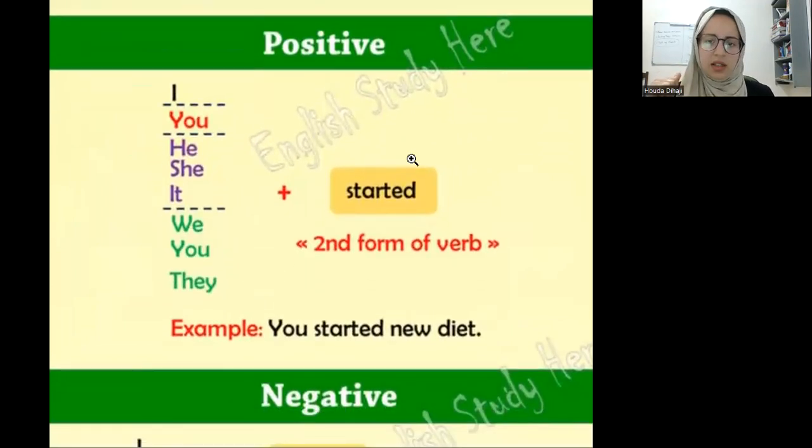In the previous class, we discussed the present simple. Now we will see the past simple.